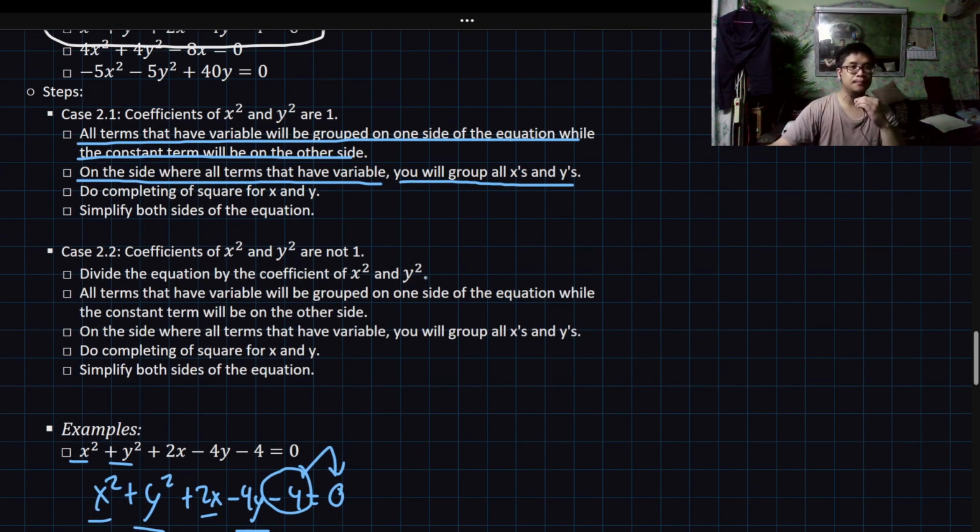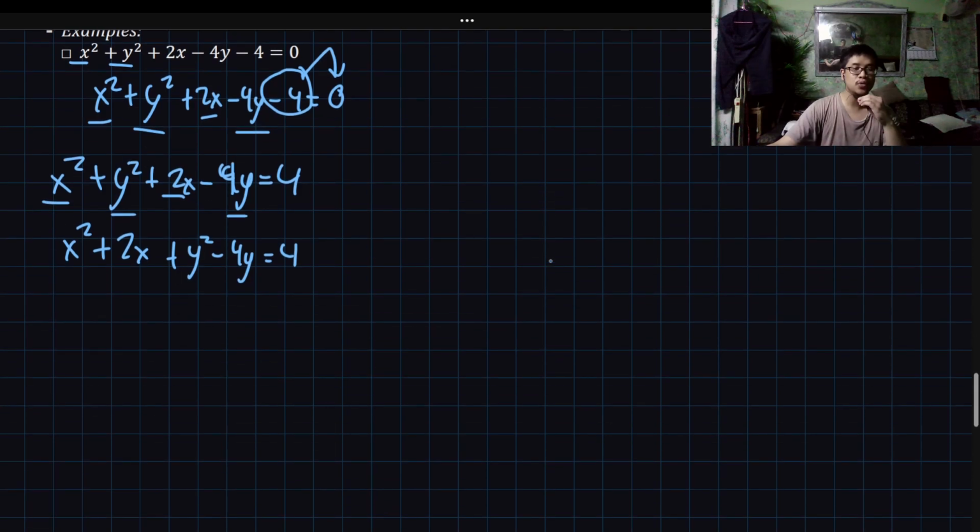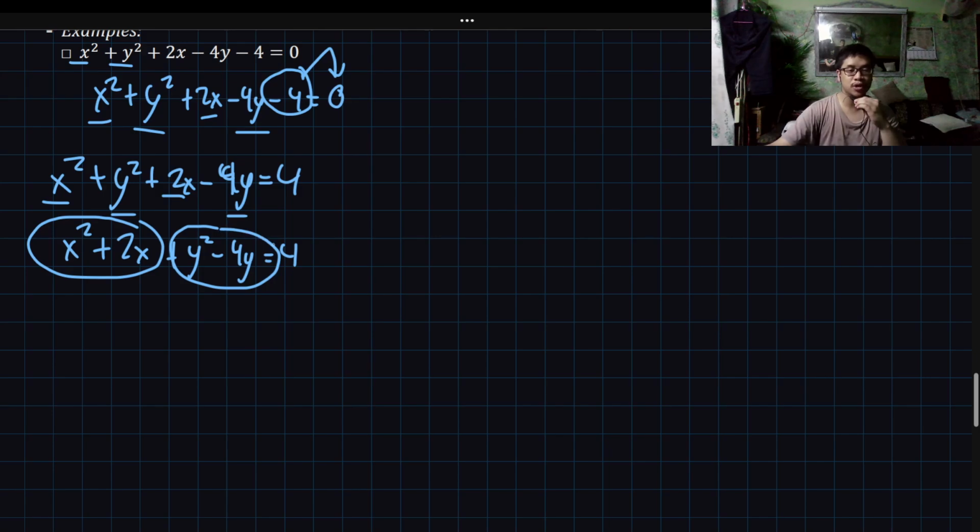Now for the third step, we will do completing of square for x and y. What do you mean by completing of square? Basically, you're going to transform these two, x squared and y squared, into PST, perfect square trinomial.